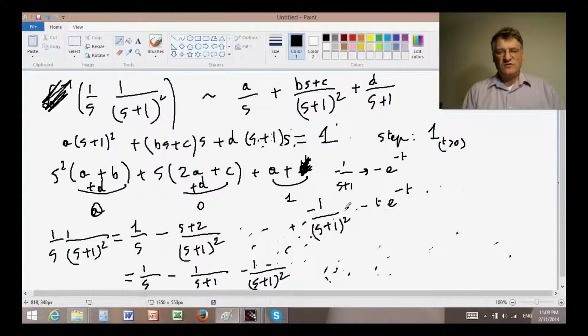Now, since I'm not totally sure, I'm going to just take the Laplace transform of this, and it becomes the integral from 0 to infinity.